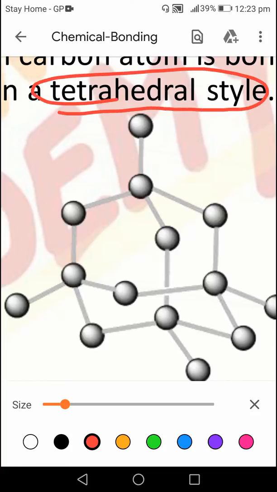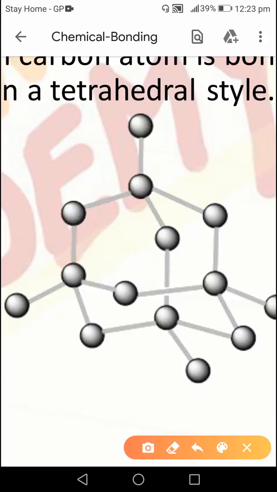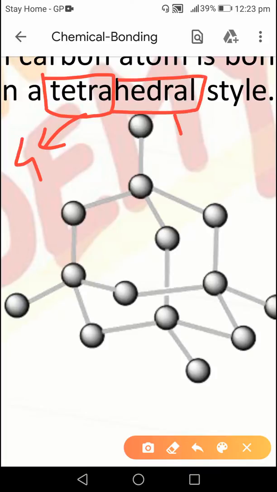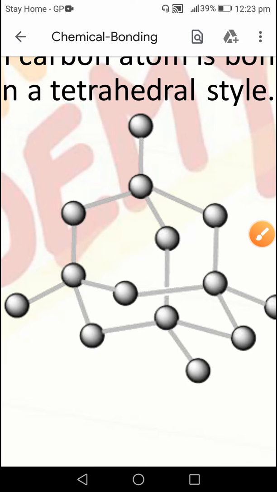Now what do you mean by tetrahedral? Tetra means 4 and hedral means faces. So 4 face style. Now let me explain the meaning of 4 faces.